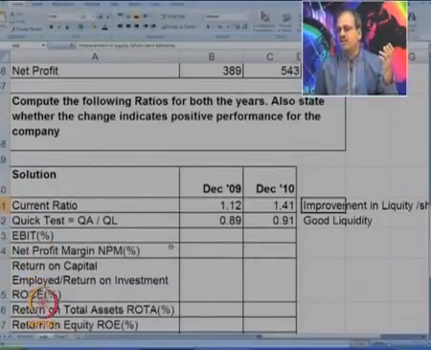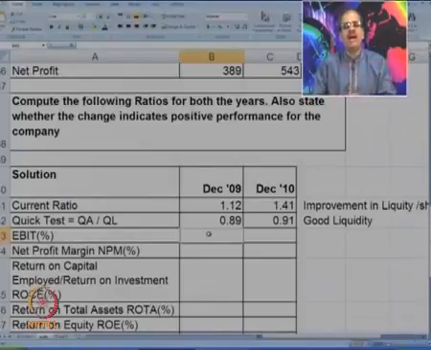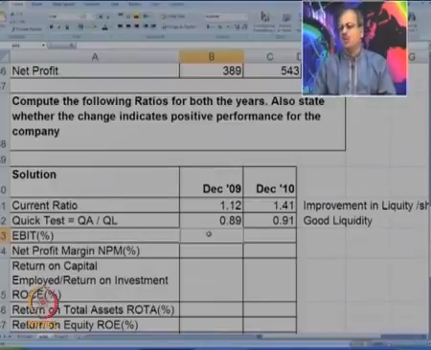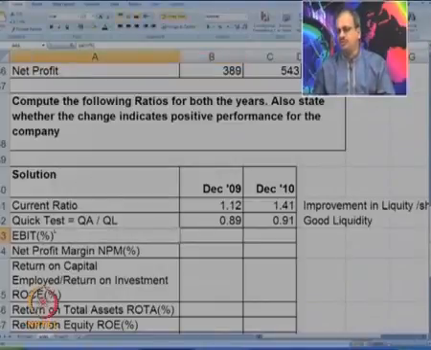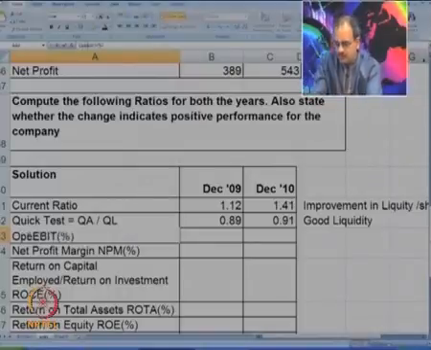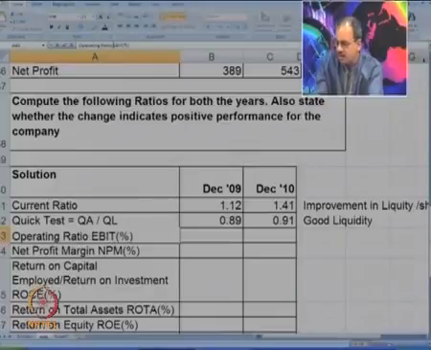Now, the third one, they have asked for EBIT percent. It is also known as operating ratio. So, how do you find? I will just specify for your benefit. So, we are trying to look at the EBIT.